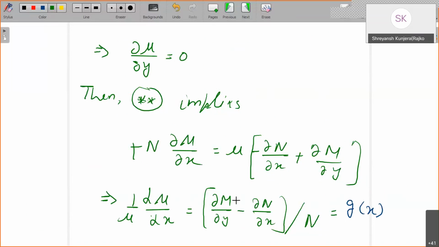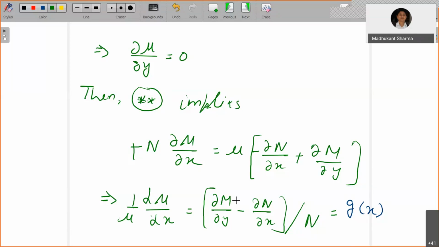So sir, if we have a function like x square plus y square minus 1 is equal to 0, we can write that equation.